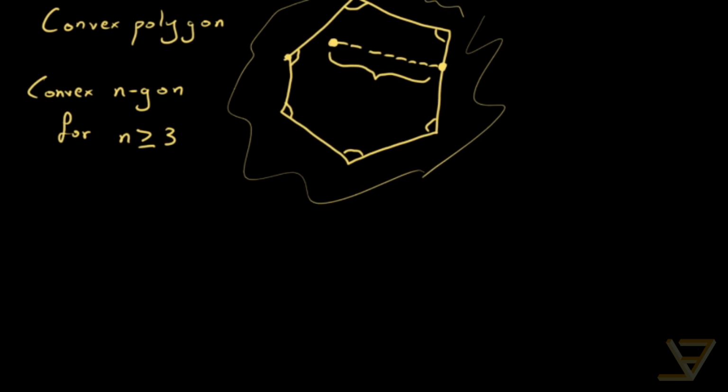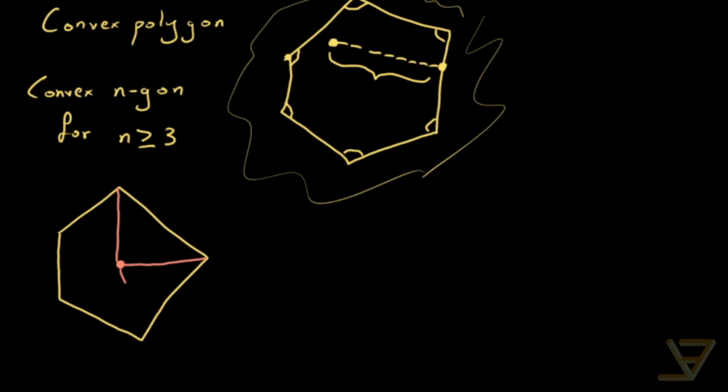So let's see what we can do about that. Let's draw a generic, let's say a pentagon. And this is convex. The idea is to take a central point, some general point in the interior, and to connect it to all the vertices.